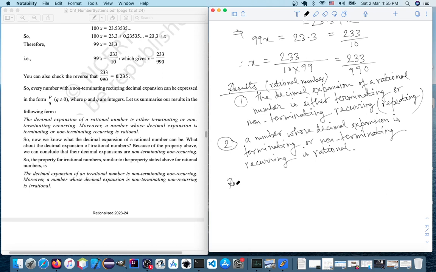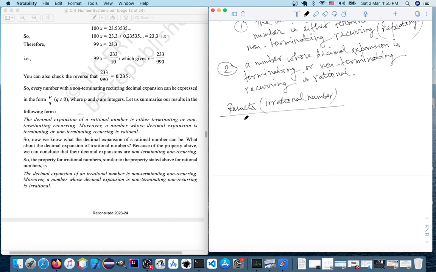Now, results for irrational numbers is that we know any given real number is either rational or irrational. Any given real number is either rational or irrational.